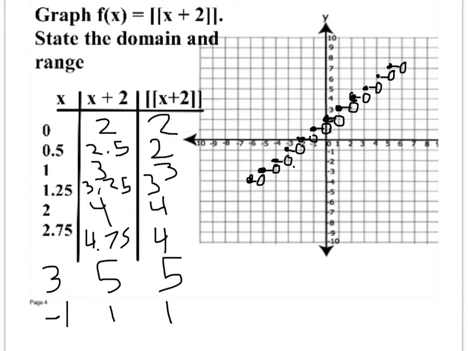What are my x coordinates? Is my x limited to anything? No, so we say the domain is all real numbers. Well, what's my range? What's my range limited to? Not all whole numbers, all integers.